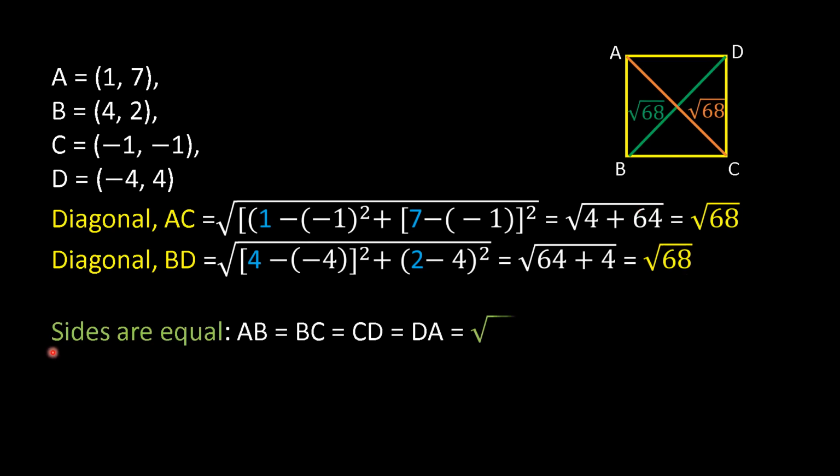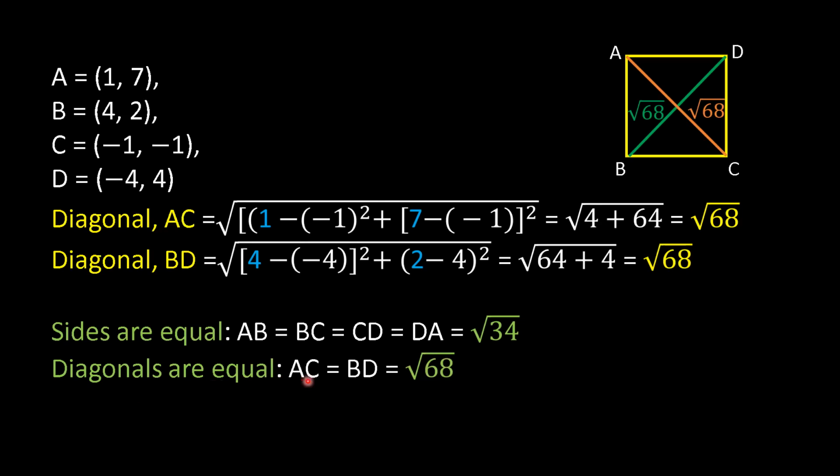Now since the sides are equal, AB equals BC equals CD equals DA, which is root 34, and diagonals are also equal, AC equals BD equals root 68, we conclude that the points A, B, C, D form a square.